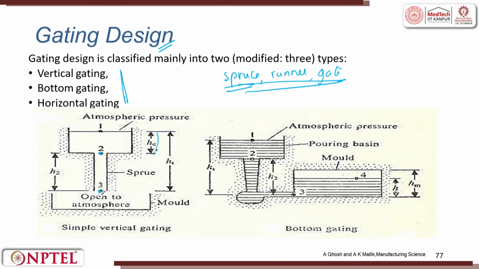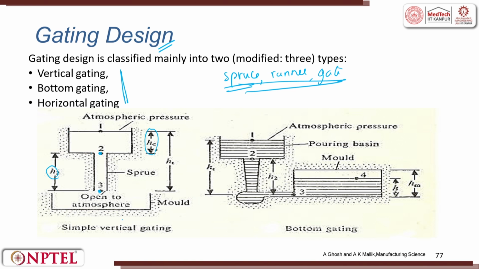HC is the height of the pouring basin, then H2 is the sprue height, then HE is a combination of HC plus H2, and from point number 3 it is exposed to a mold, so open to the atmosphere, right. It is like an open mold.